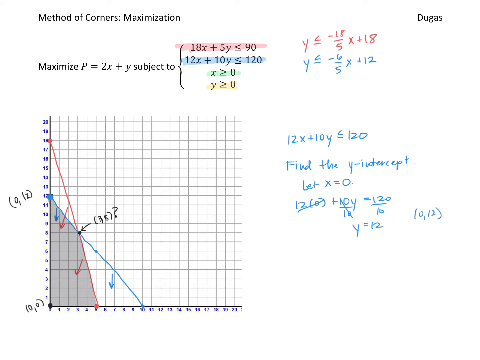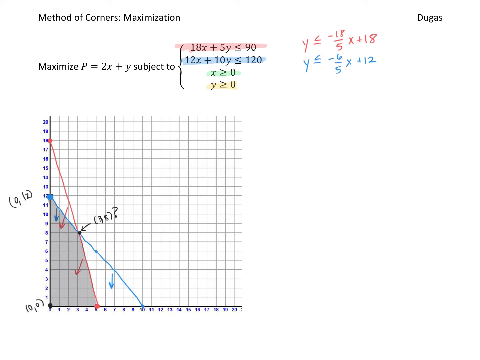And I could do the same thing for the x-intercept. So notice the x-intercept is associated with the red line. So I would need to find the x-intercept of the red line to verify the point. I think it's probably 5, 0, but again, you really want to verify and make sure. So 18x plus 5y is equal to 90.